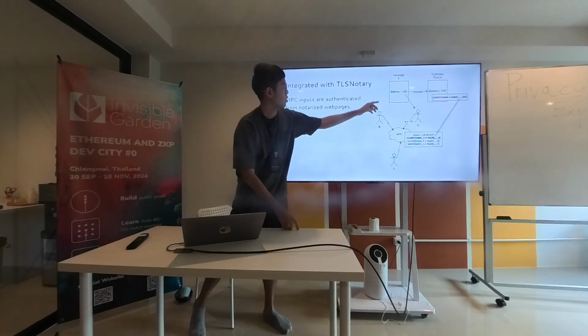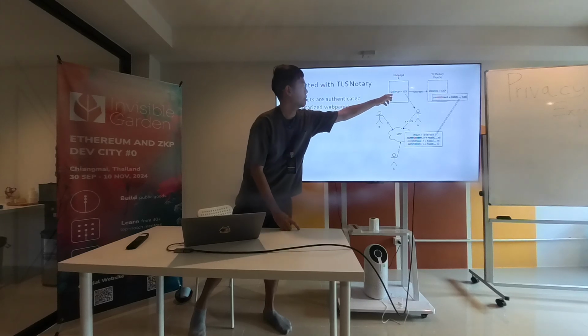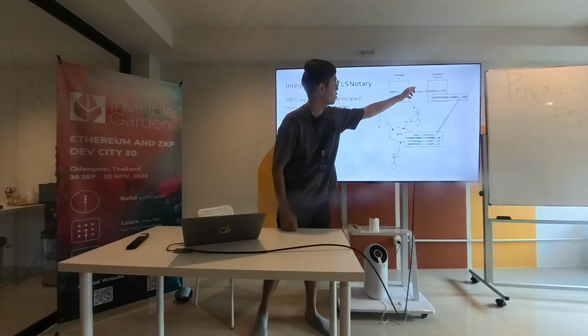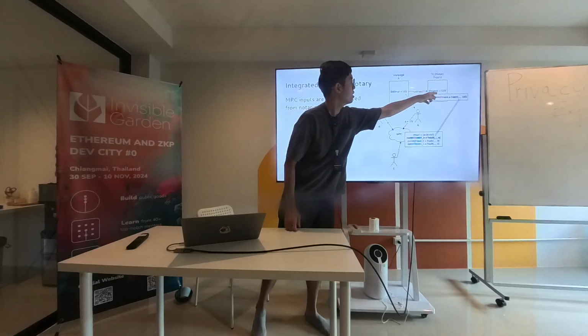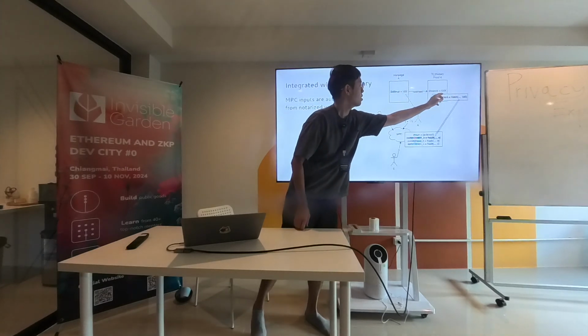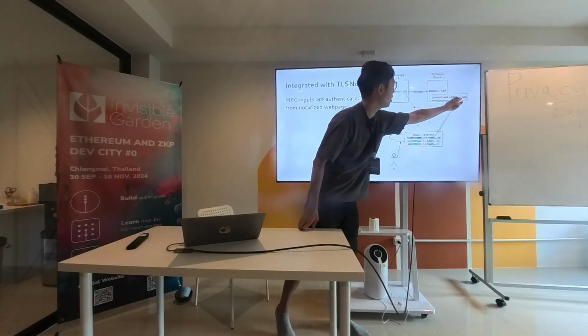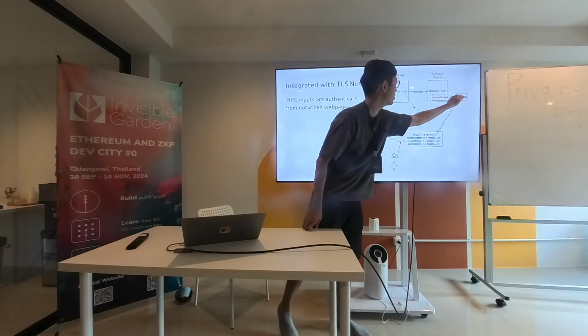For example, this website has a balance like 1, 2, 3, and we use TLS notary to notarize and get a commitment, which is a hash of something and the private input.